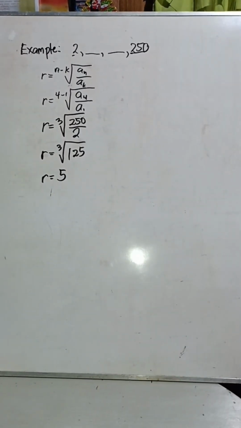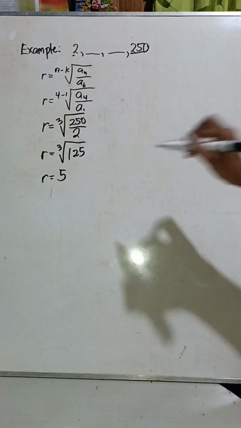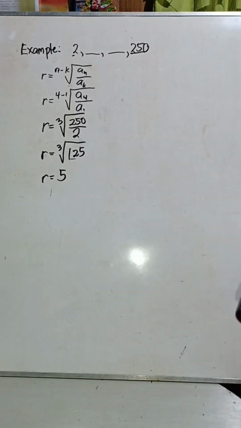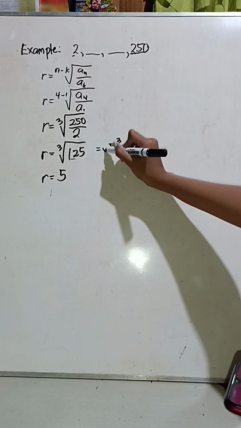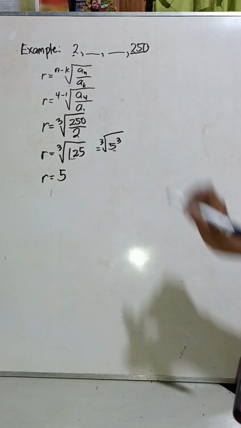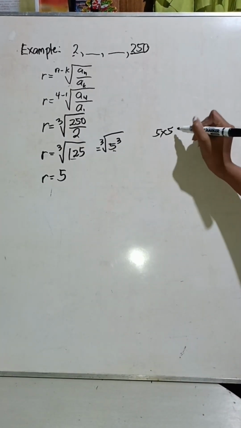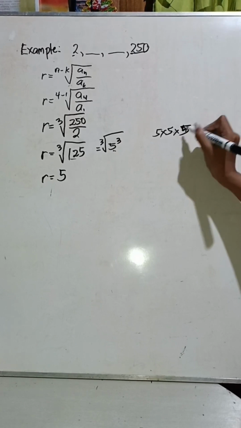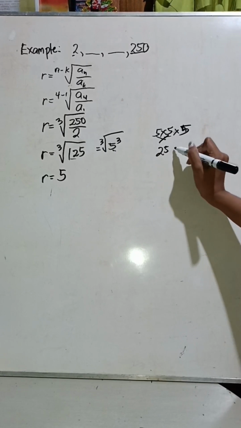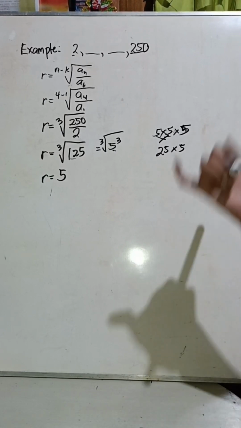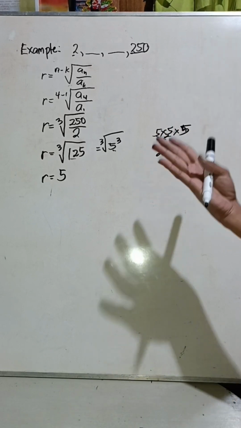Ma'am, ngano 5 man. I-factor na to si 125. Same gani ha, sa kato atong example. So, ang factor sa 125 is 5 exponent of 3. 5 times 5 times 5. 5 times 5 is equals to 25 times 5. 25, 50, 75, 100, 125.